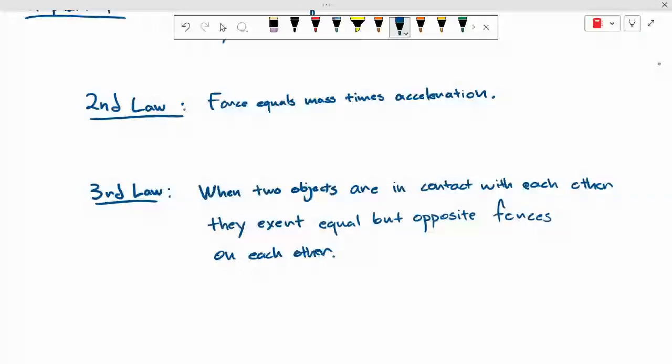All right. This is probably the way it's been explained. This is a popularization of the third law. To do physics, to do well in this class, we have to be more specific.